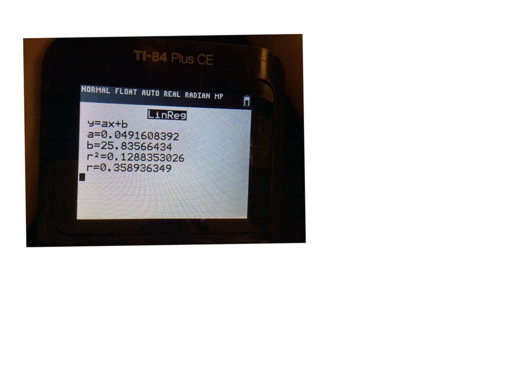You're given an A, a B, an R squared, and an R. A represents the slope of the line of best fit. B represents the y-intercept. Your calculator gives you an R squared and an R value. The R represents the correlation coefficient.